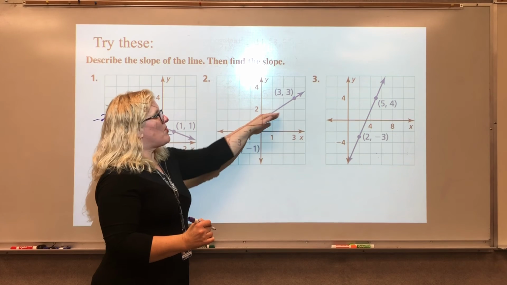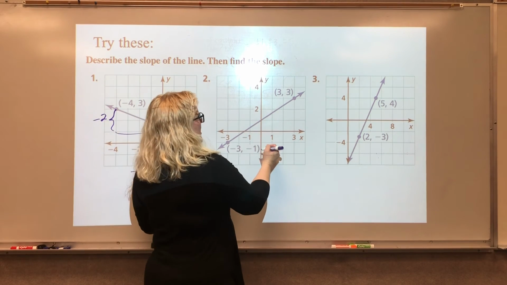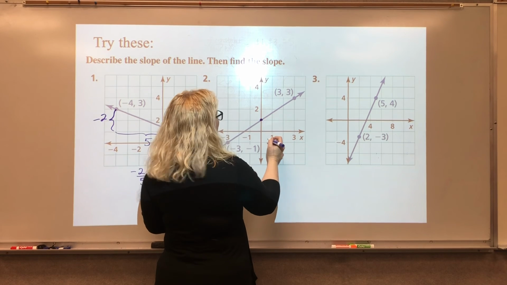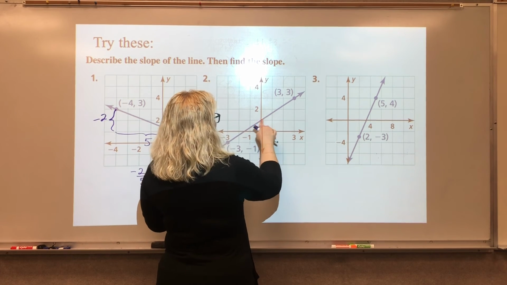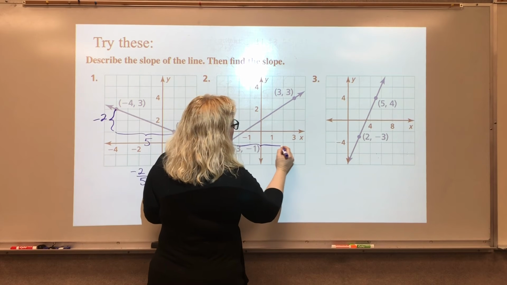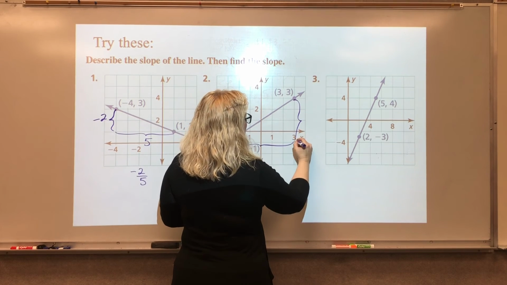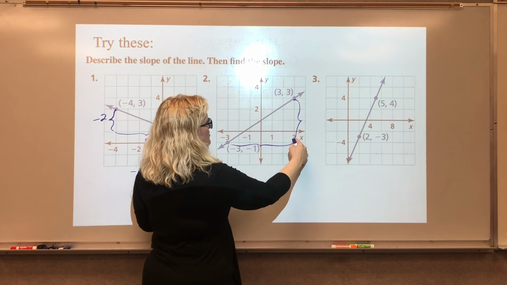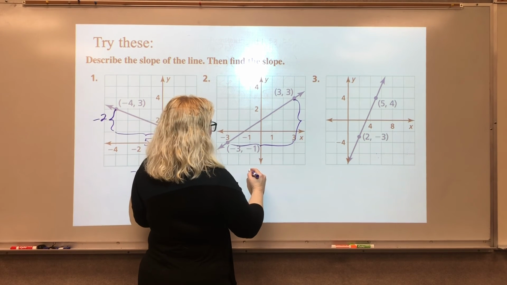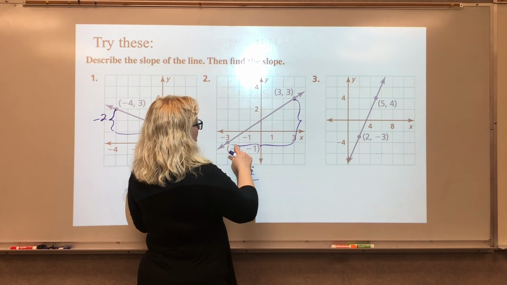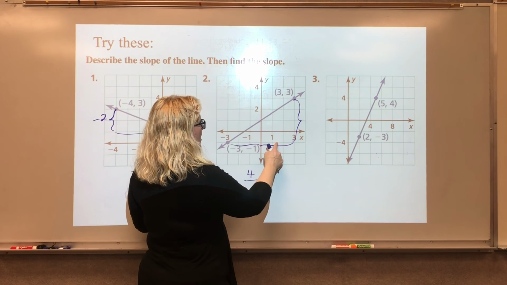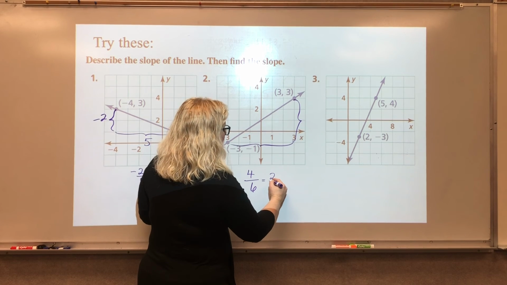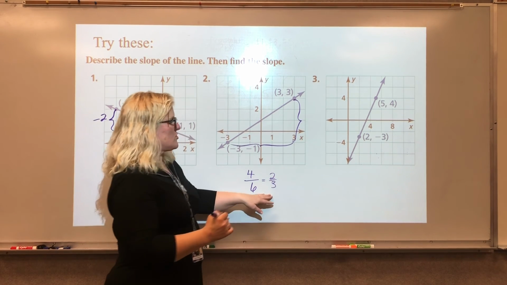Here I have a positive slope, and let's go from point to point. So I have 1, 2, 3, 4 is my y, and 1, 2, 3, 4, 5, 6 is my x. So I have a slope of 2/3.